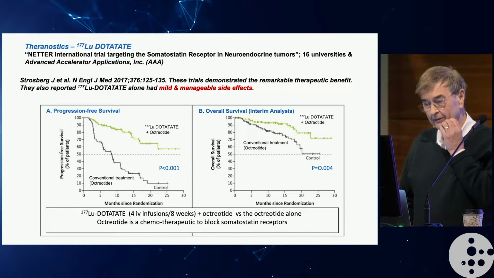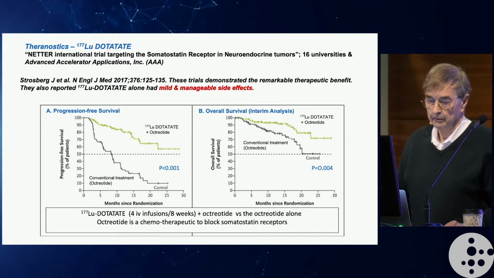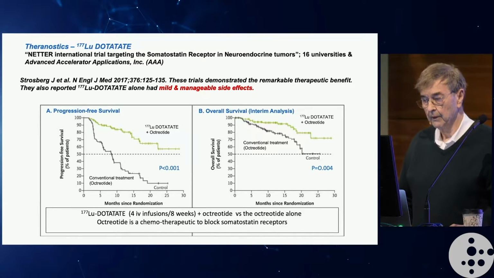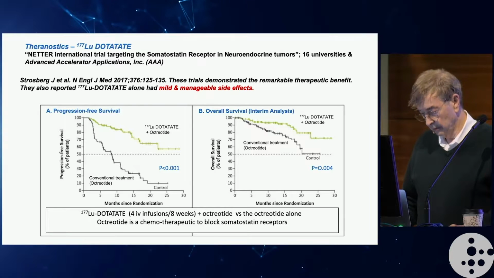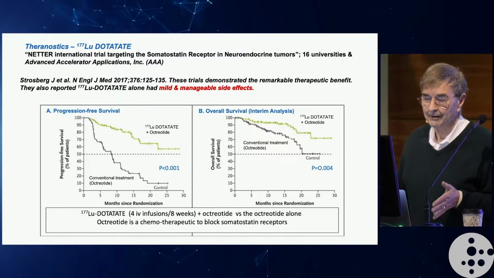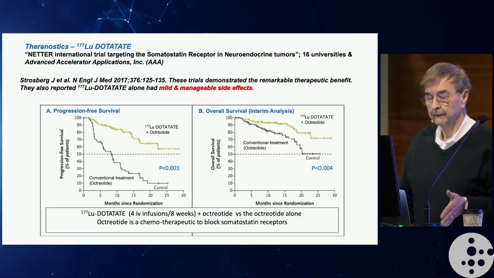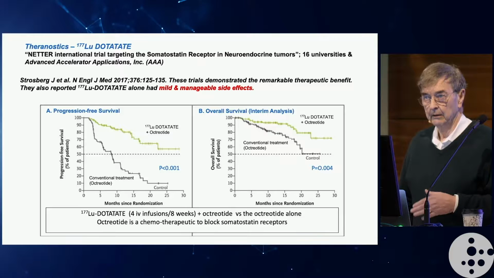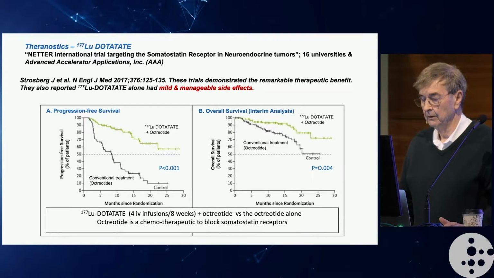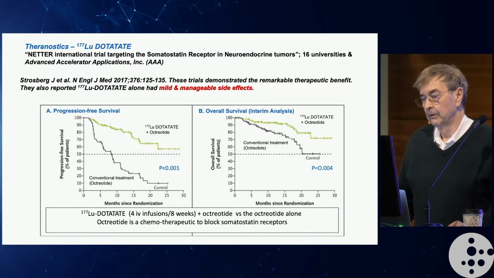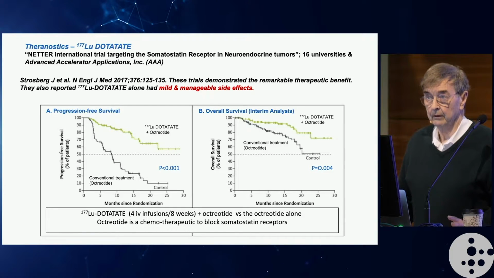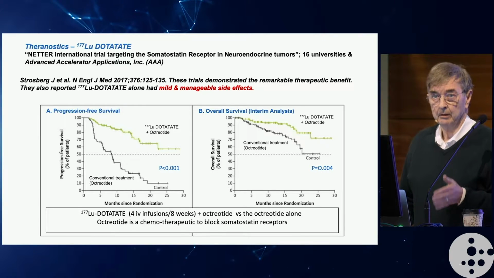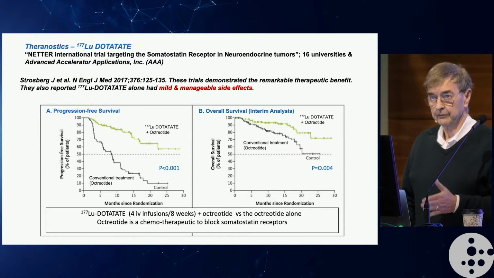You can see the impressive results in terms of progression-free survival and overall survival. And also in the New England Journal of Medicine paper, it kind of parenthetically said that the side effects were mild and manageable. Now, that is not a trivial issue. And with all of the theranostics so far that I'll go through, the side effects in all of them are mild and manageable, and I'll show you why.